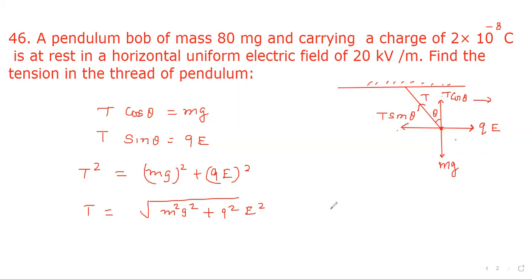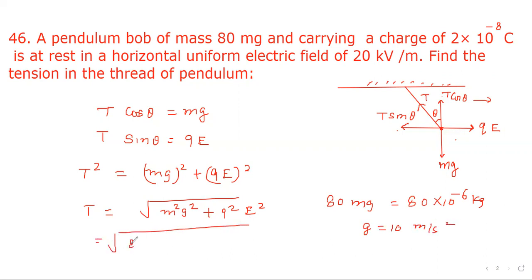So m is given as 80 mg, which will be 80 times 10 to the power minus 6 kg, and g is here 10 meter per second square. So we can put this value here.